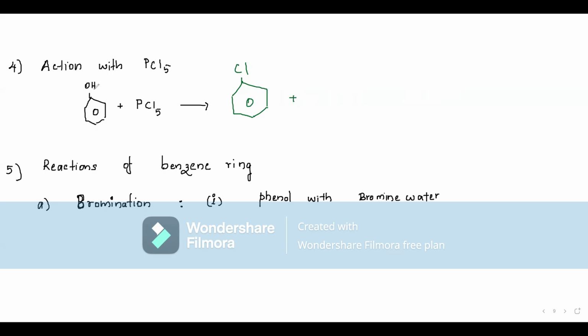So you are removing that OH completely and replacing it with a Cl from PCl5. What will happen to that OH then? OH combines with the remaining part of PCl5 to give you phosphorus oxychloride, POCl3, along with HCl. POCl3 and HCl are the products.